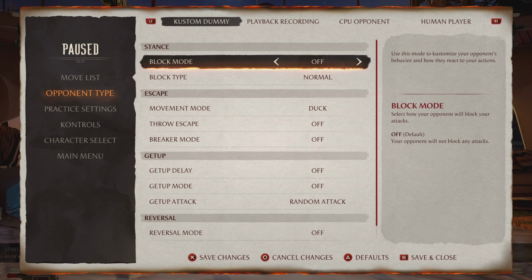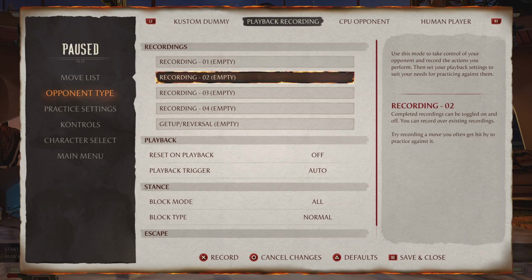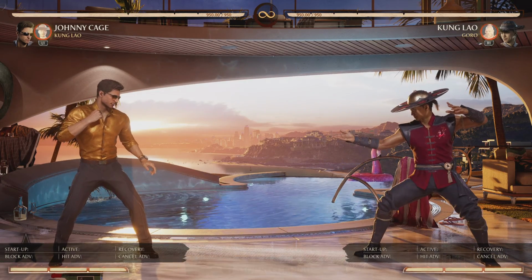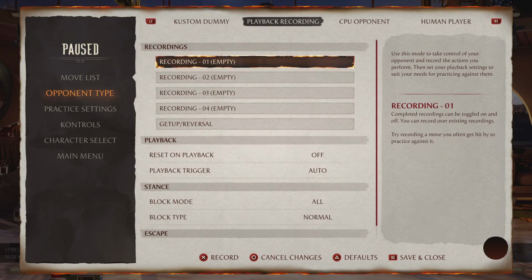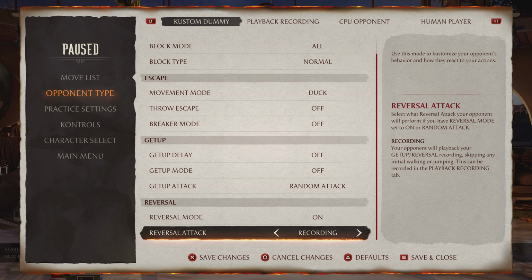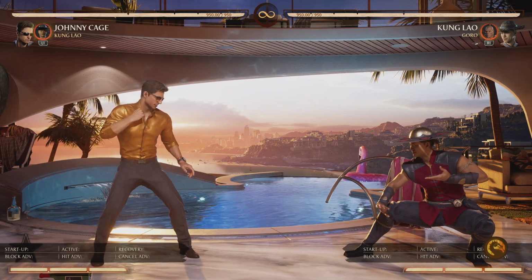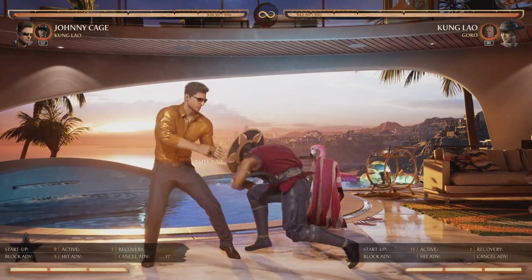This is why Kung Lao Hat is still pretty good. Because what did we just go over? I'm going to set Kung Lao to do his high string, and we're going to set that to reversal. What I showed before is that if you are -5 or whatever, it's not your turn.